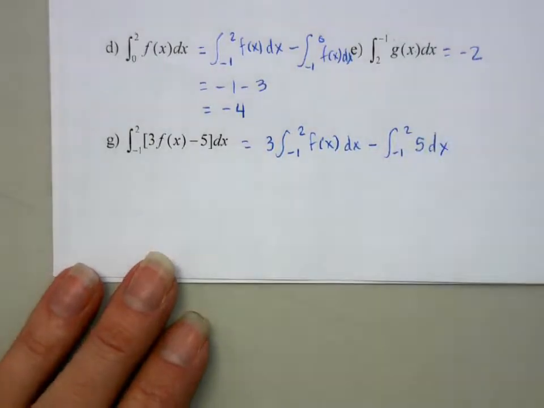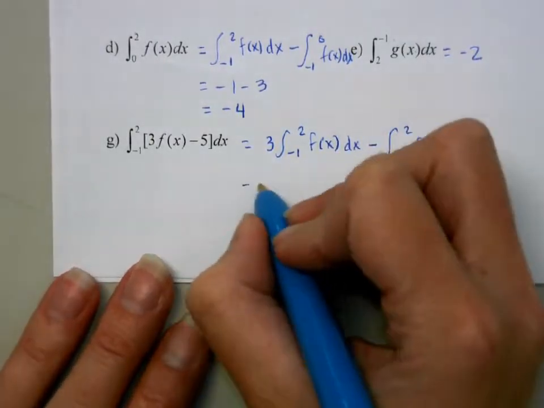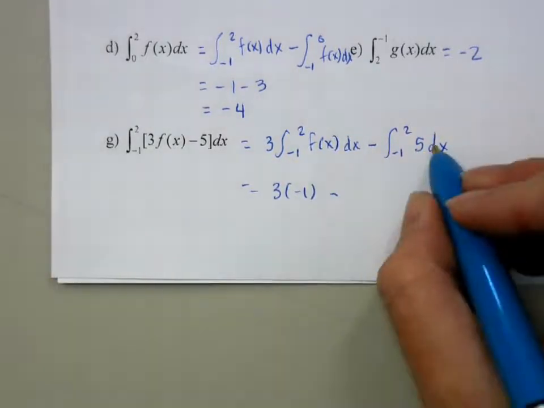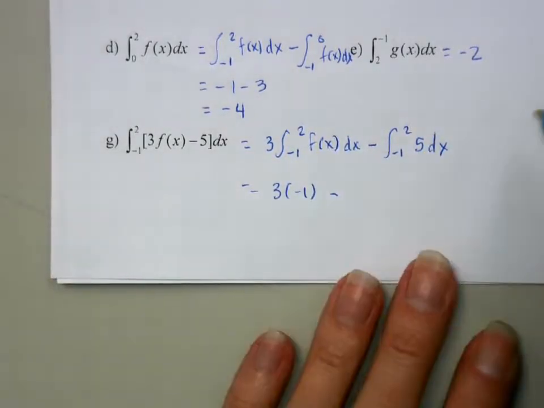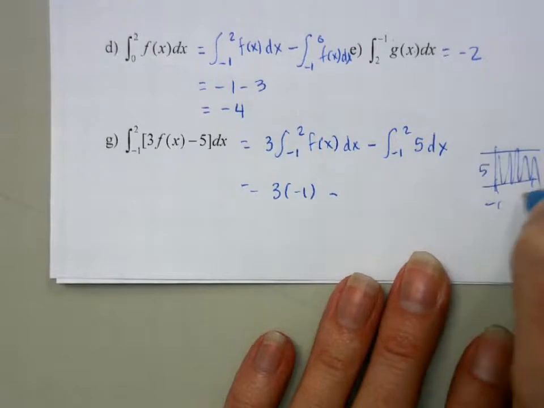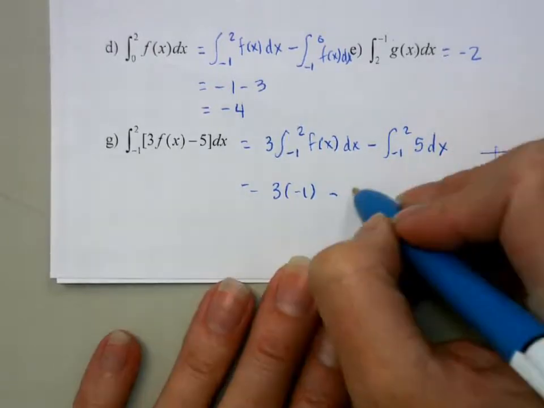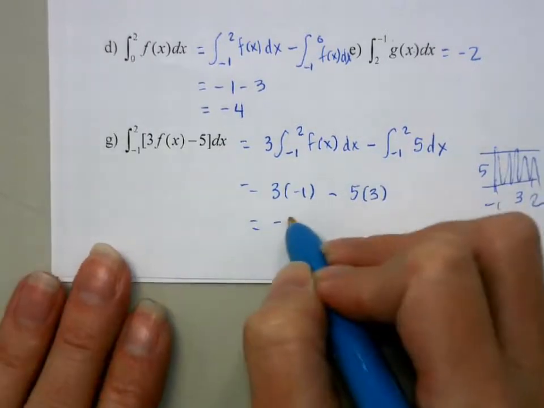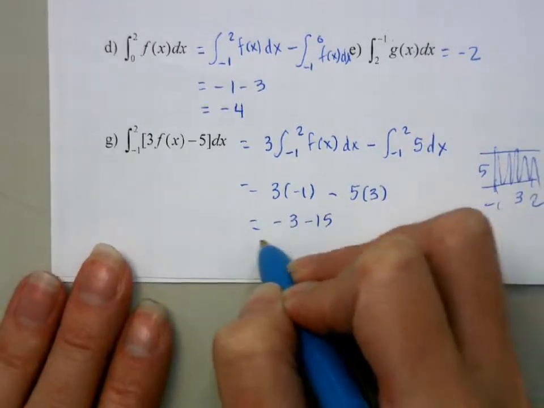Well, this one's just going to be 3 times our negative 1. This one, if I just had a horizontal line at 5, from negative 1 to 2, the area would be 5 times 3. So this would be negative 3 minus 15, which is negative 18.